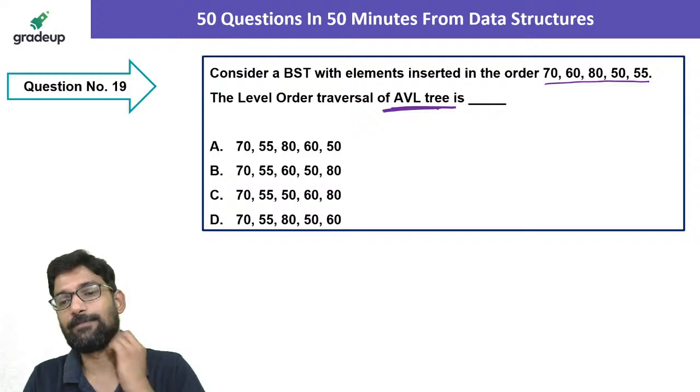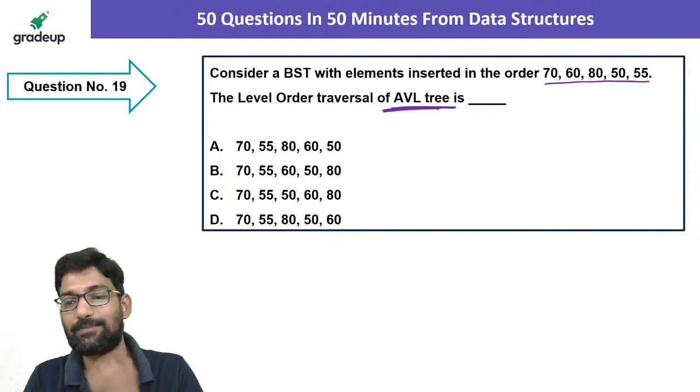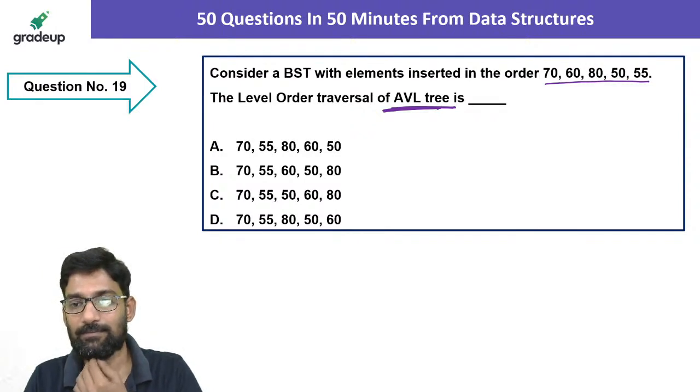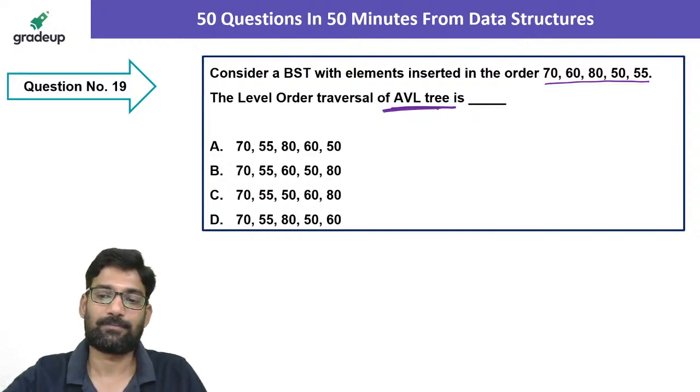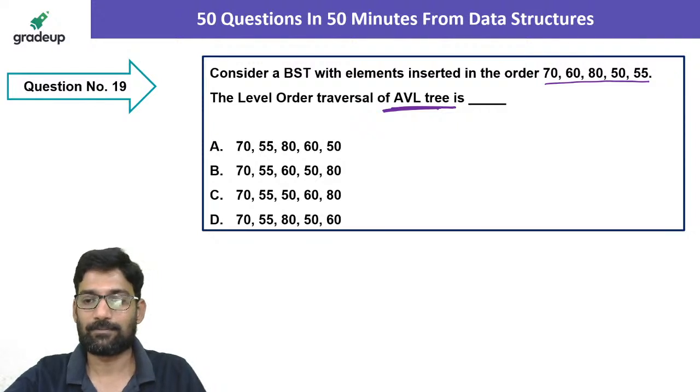So we have an AVL tree question. What is the answer for question number 19?